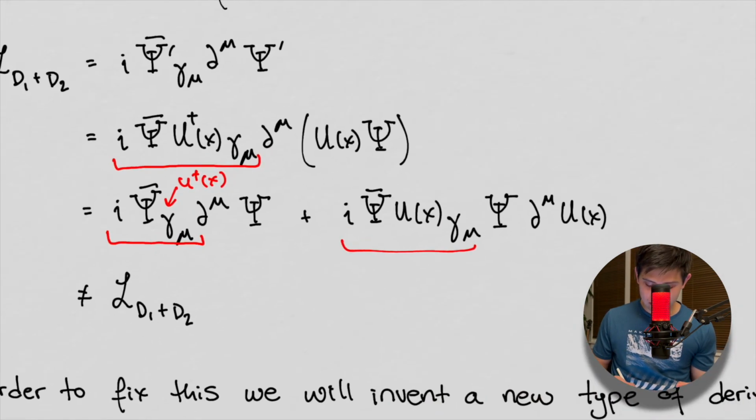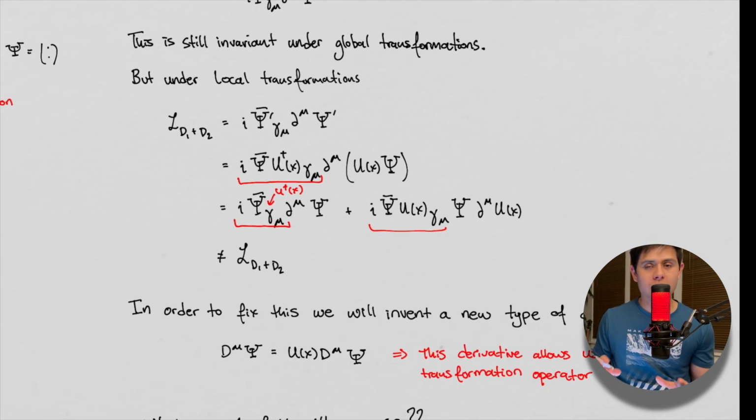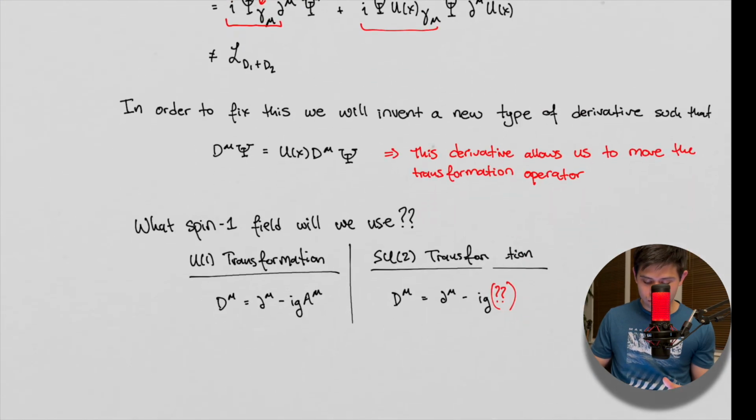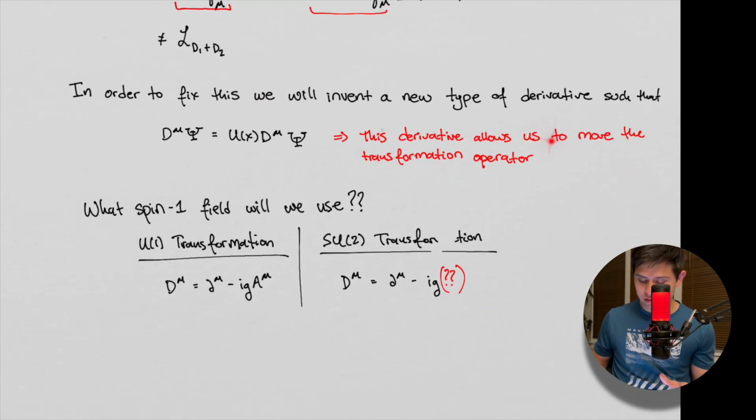The problem child is this derivative right here. If we can somehow take our unitary operator, that's a function of x, and move it across that derivative, then things will work out hunky-dory and everything will be fine. So we want a derivative that is going to allow us to move that transformation operator across.